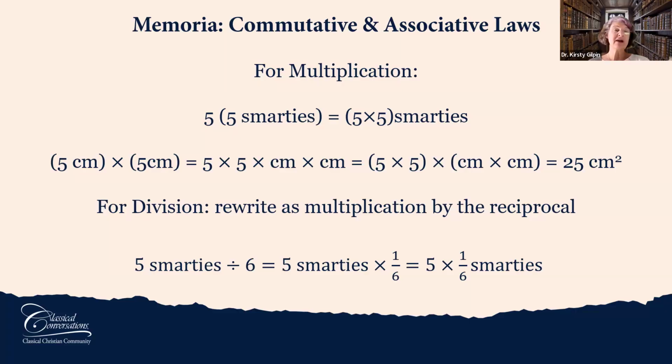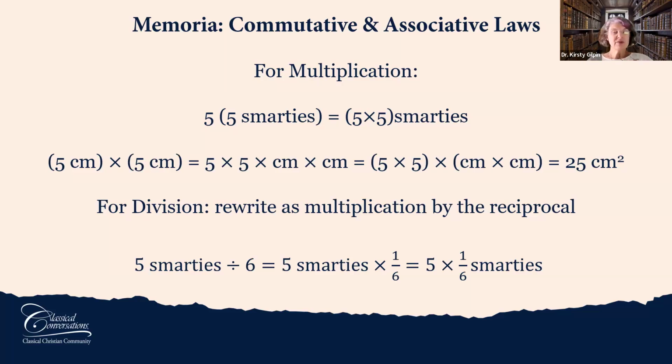If I'm looking at 5 centimeters times 5 centimeters, I'm going to use both my commutative and associative laws, because I want to rearrange it so that my numbers are next to each other. Then I use my associative law so that I'm multiplying my 5s and my centimeters.